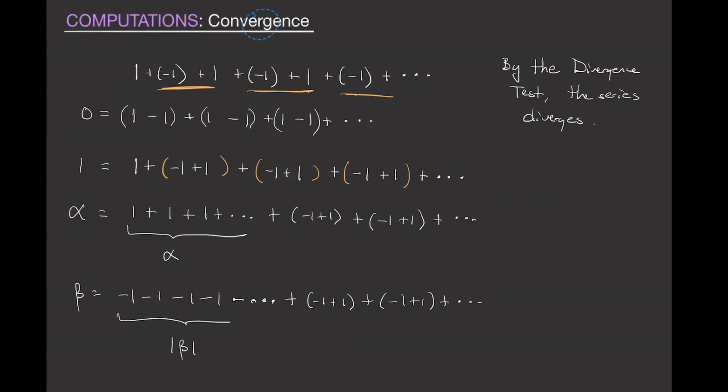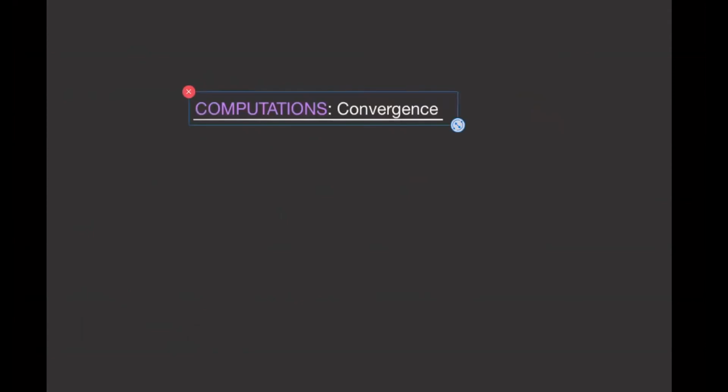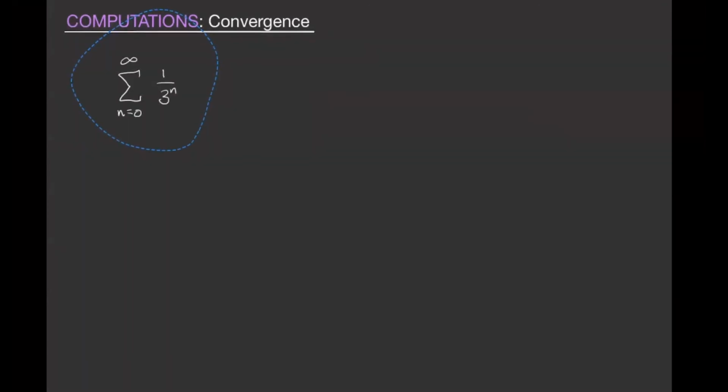Now let's look at this next one, which may or may not be tricky. Suppose we had the sum of 1 over 3 to the n, where n starts at 0.